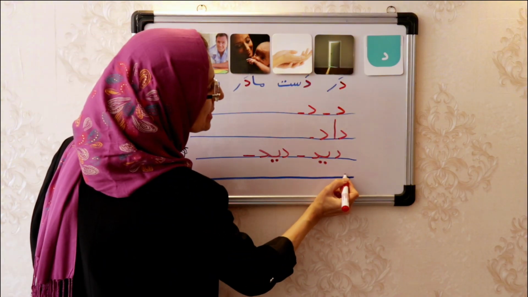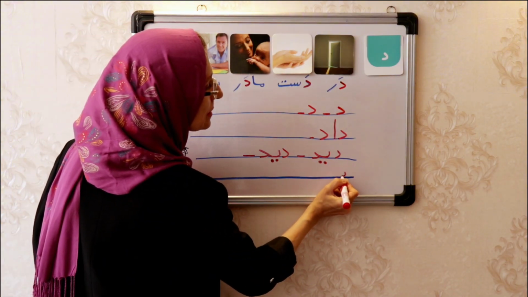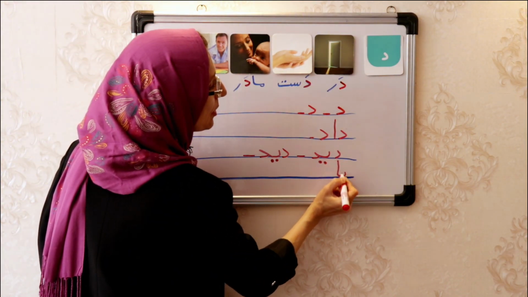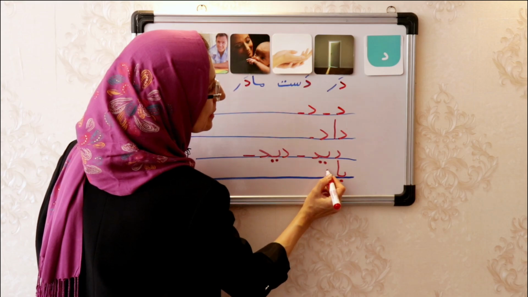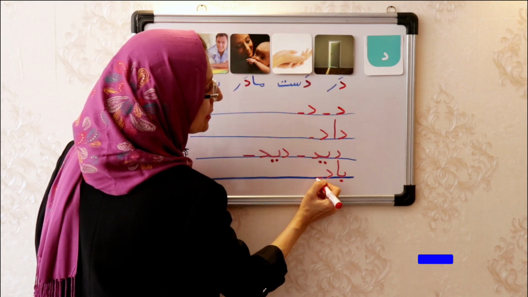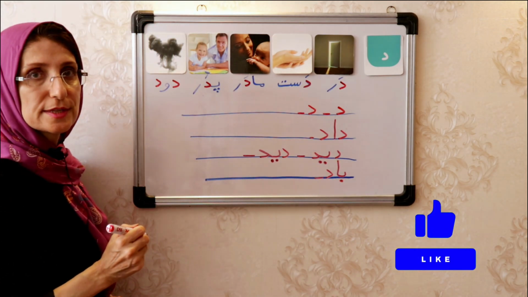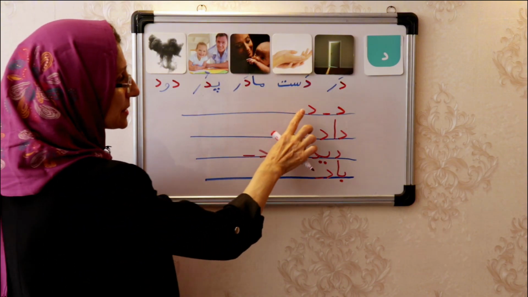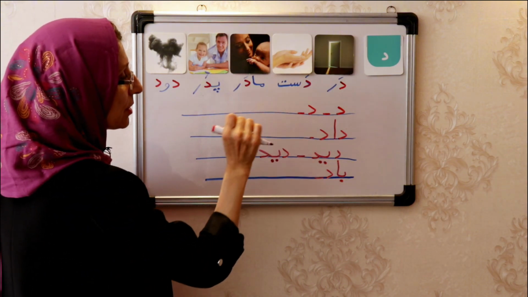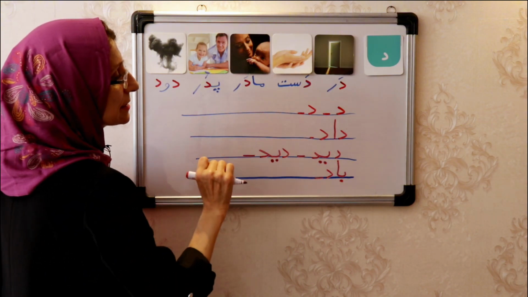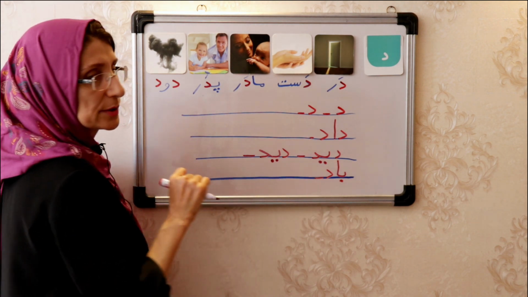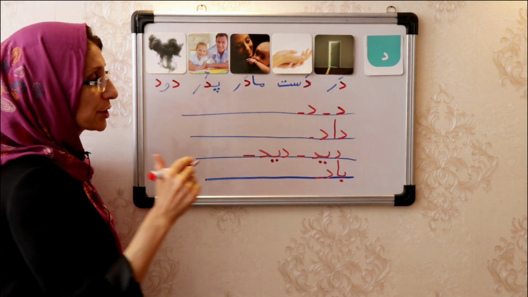Bad in Persian is wind. Bad. De, dad, did, bad. And another word we have, the word bad.